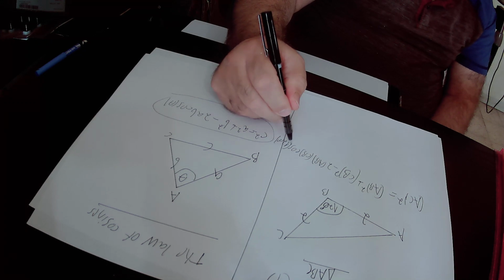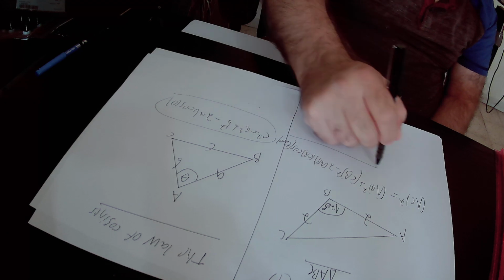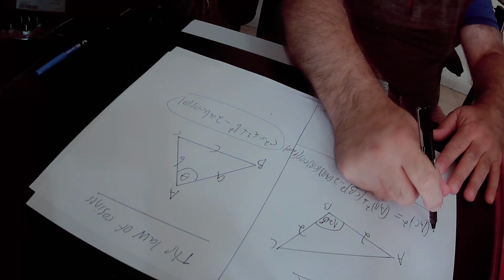Okay, so this equation is the implementation of the law of cosines in our triangle ABC.